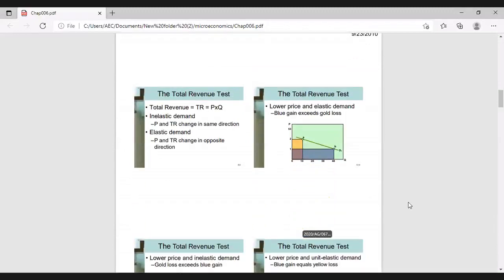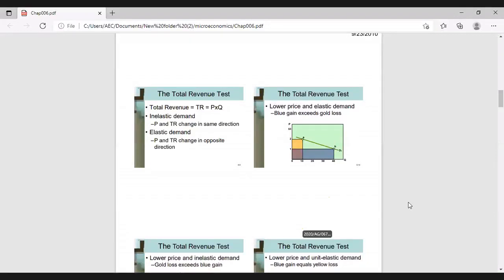Now the total revenue test. We want to measure elasticity, which is the percentage change in quantity divided by the percentage change in price. For that, you need price data and quantity data.